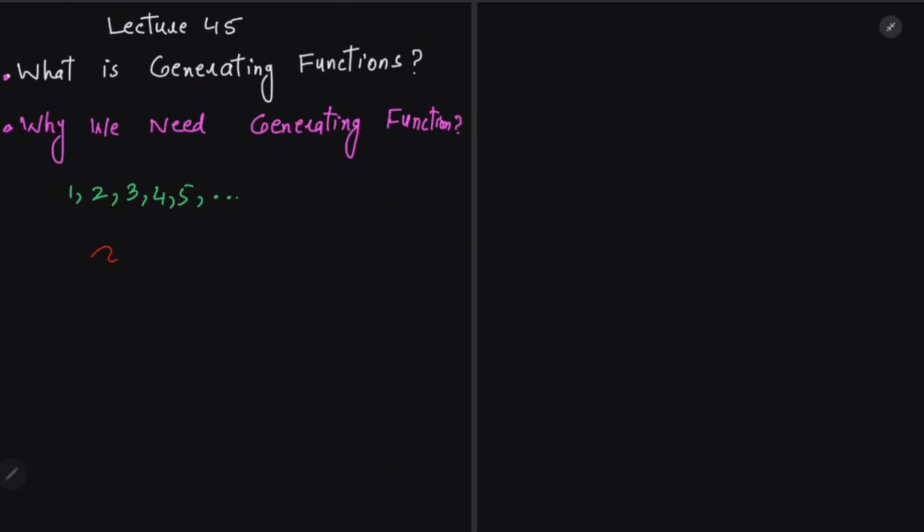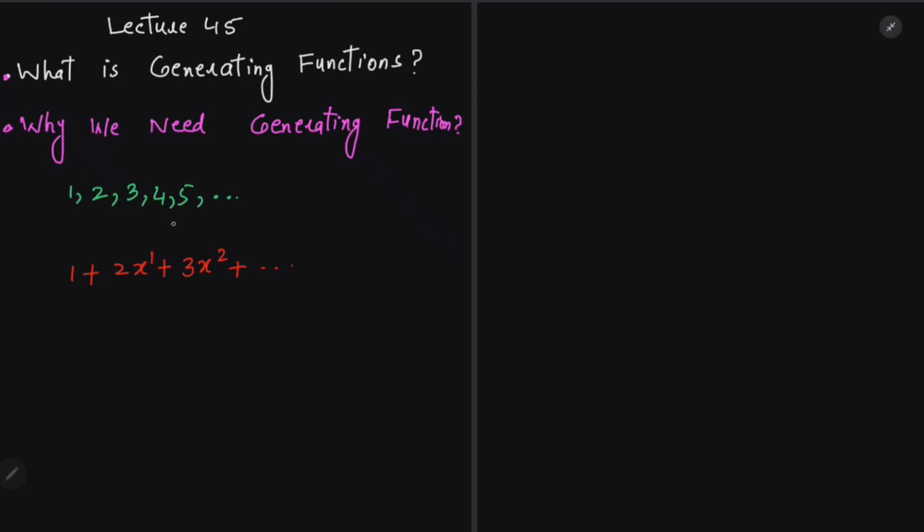So we can write this as, for example, x^0 plus 2x^1 plus 3x^2, and so on. This looks like a power series that we study in ordinary differential equations. This is the idea of creating a generating series from the sequence.